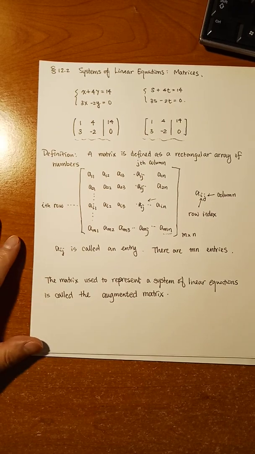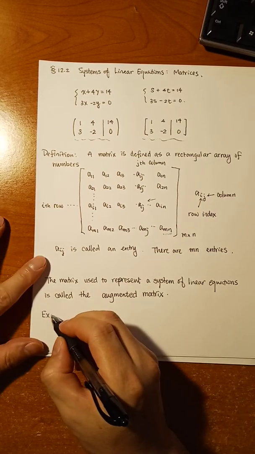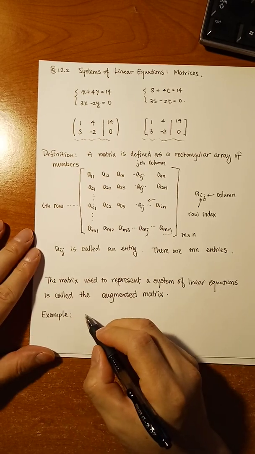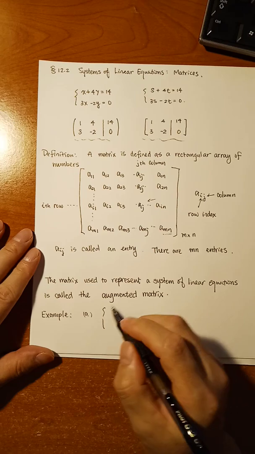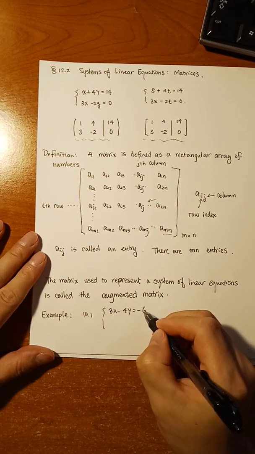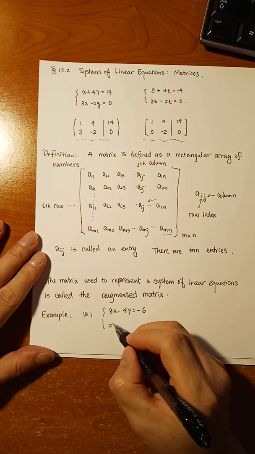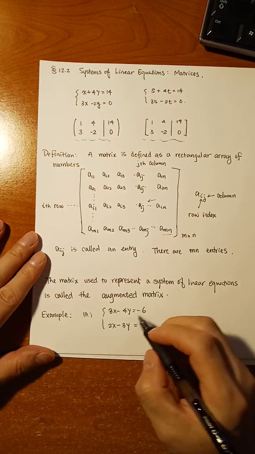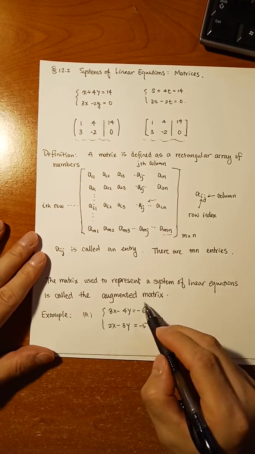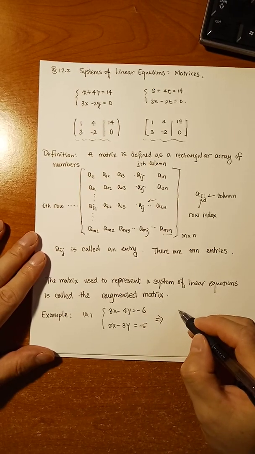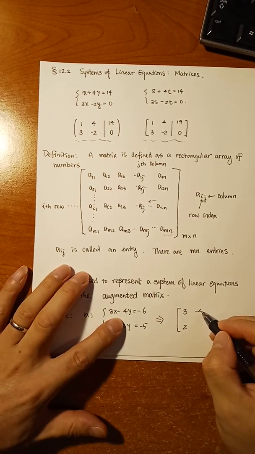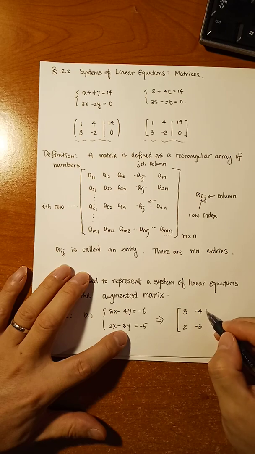Okay, they are indices to locate this a. So for example, let's see more examples. If we have a system of linear equations like 3x minus 4y is equal to negative 6, and 2x minus 3y is equal to negative 5, then the corresponding augmented matrix is 3, 2, negative 4, negative 3.